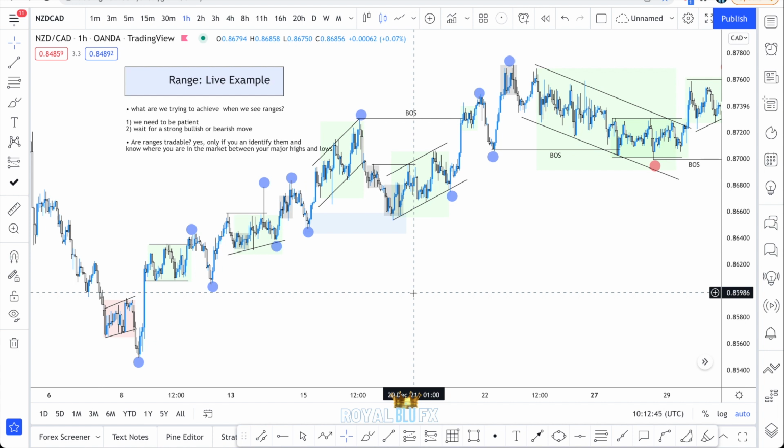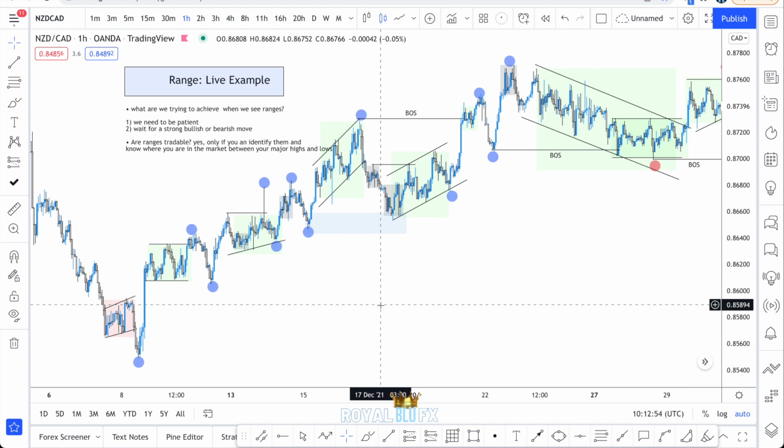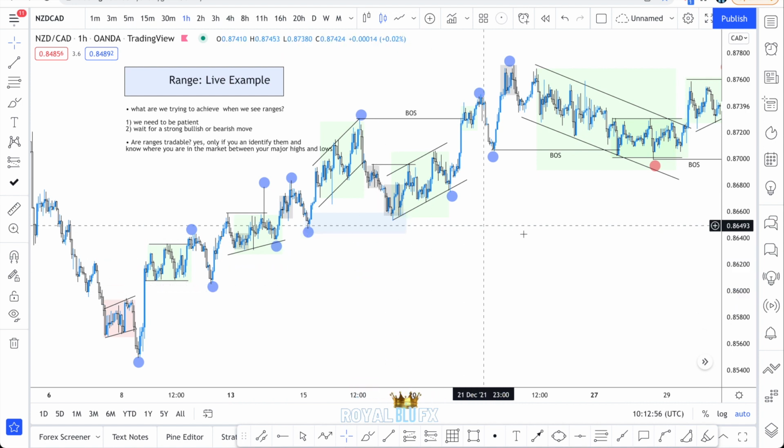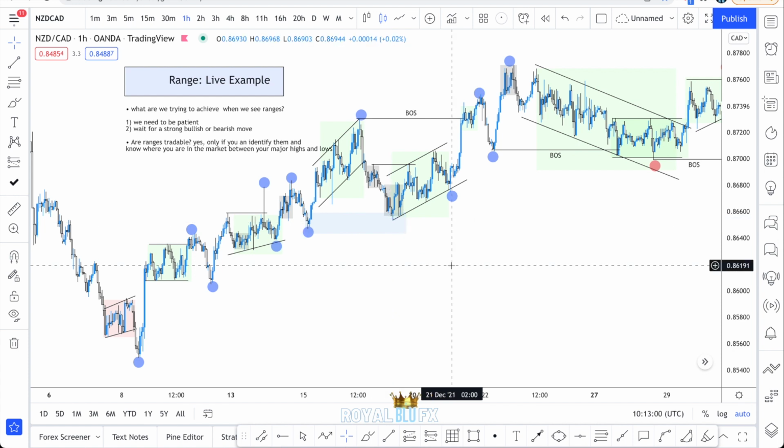Okay, a high probable trade is a trade that shows us all the signs in the market, like the ranges, like the retracements or pullbacks, like when price touches your demand level. That's what makes a high probable trade a high probable trade.